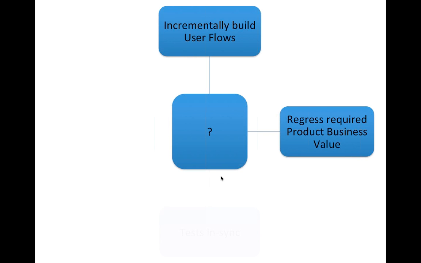You are now actually regressing the required product business value instead of regressing your test cases. Regressing test cases is not adding value to anyone. Regressing product business value, which was working earlier and is still continuing to work fine, is very, very important to the team.